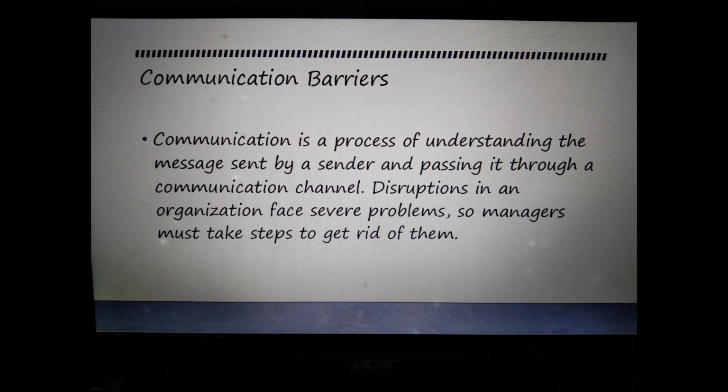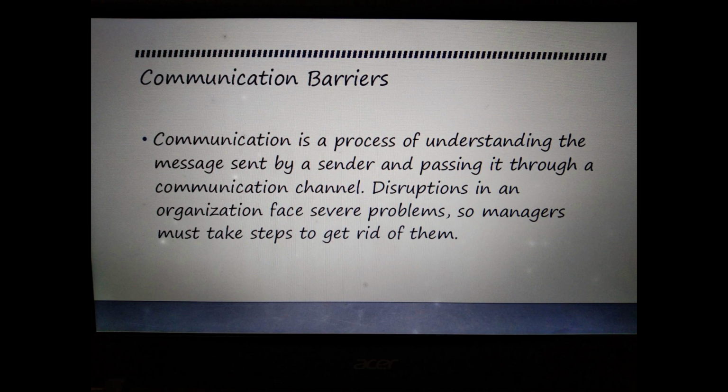Communication barriers. Communication is a process of understanding the message sent by a sender and passing it through a communication channel. Disruption is when an organization faces cyber problems, so managers must take steps to get rid of them. So when you say communication barrier, this is the process of understanding the message by a sender.